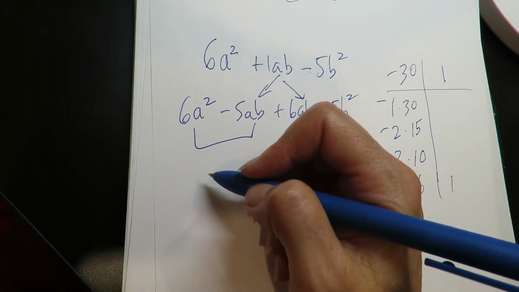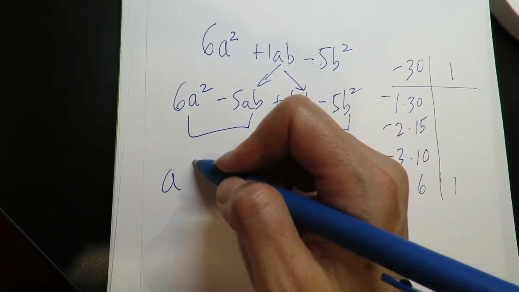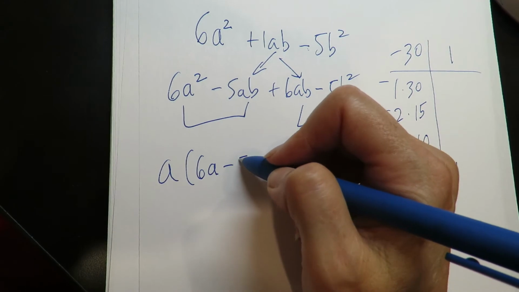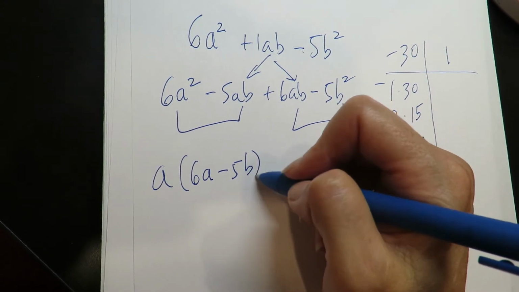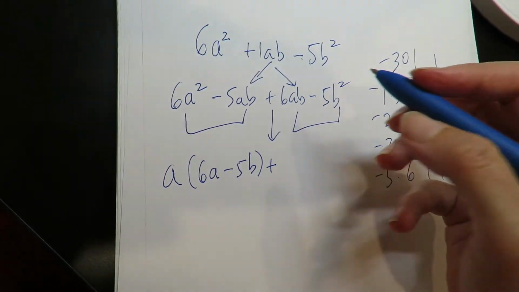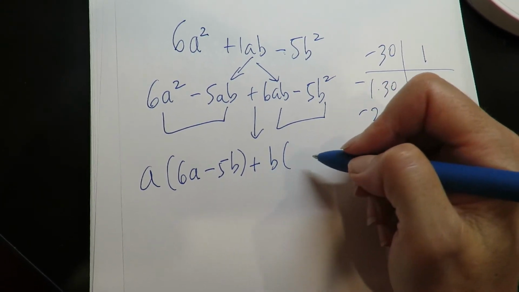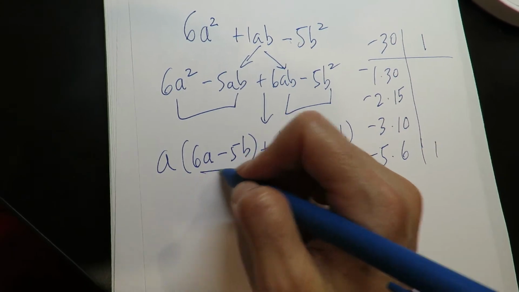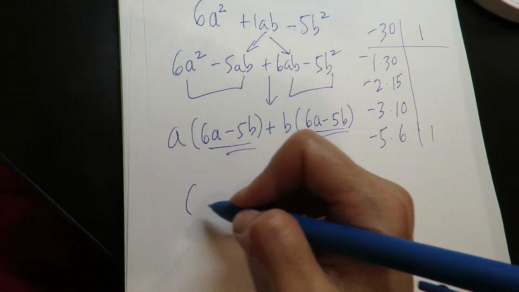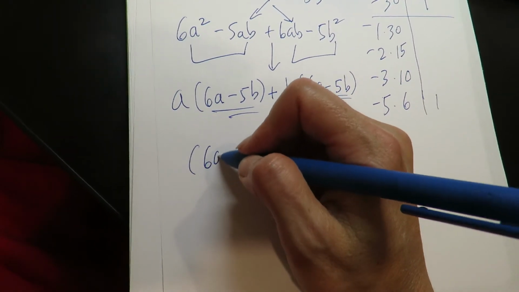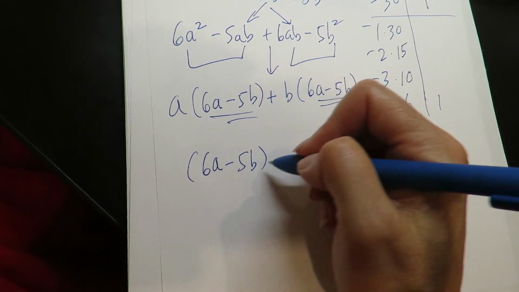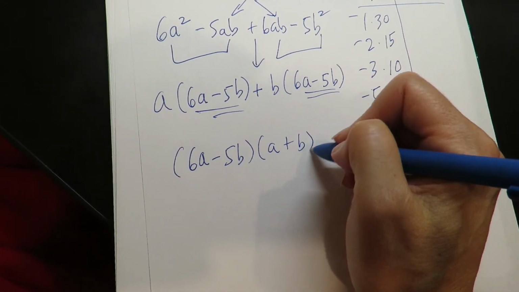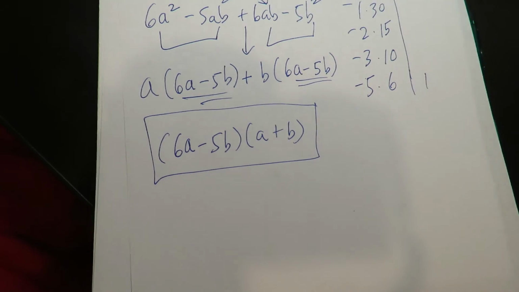Okay, now we do the factor by grouping. Take out the common binomial. Okay, and then that's it.